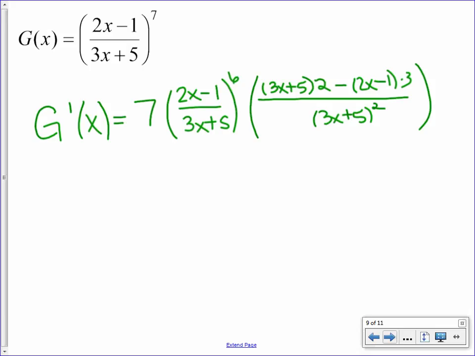Okay, this algebra is not bad. Okay, we have 6x plus 10 minus 6x plus 3. Right? So we're left with 13, over 3x plus 5 squared.